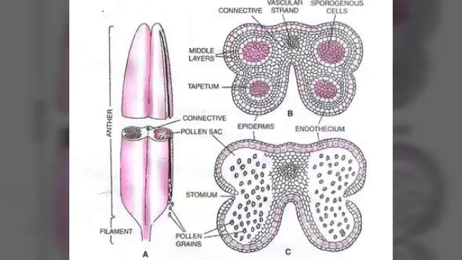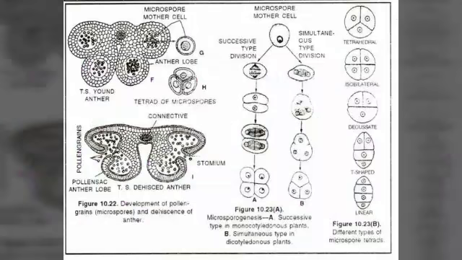How do they form? They form due to meiotic division. A single sporogenous tissue, after meiotic division, forms the microspore tetrad, and after maturation and growth, each microspore converts into a microspore or pollen grain.